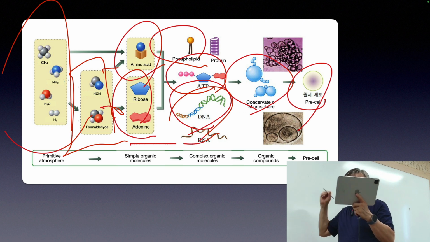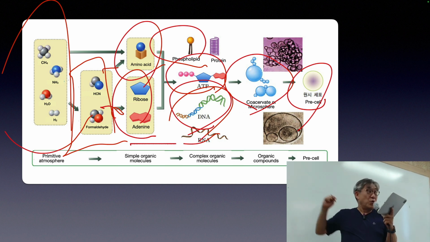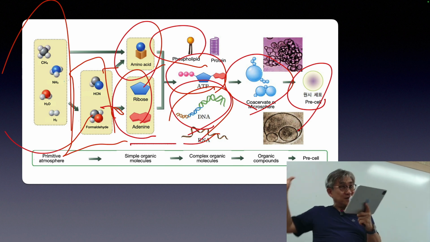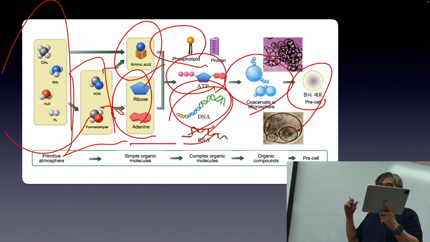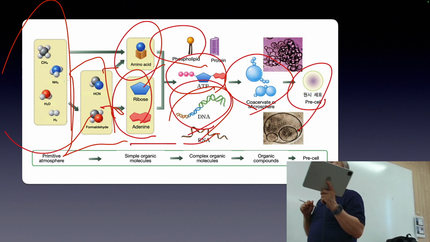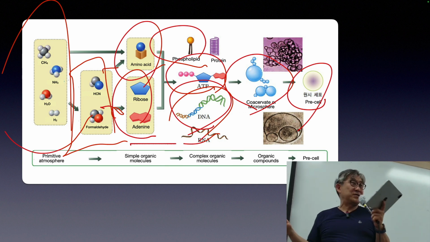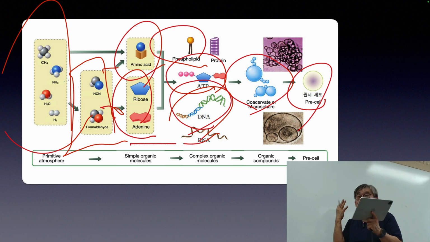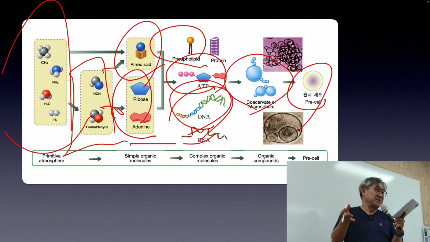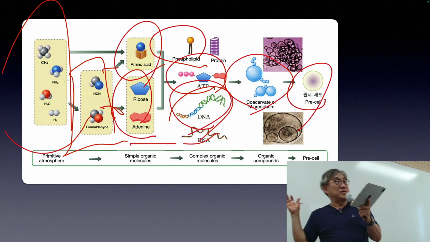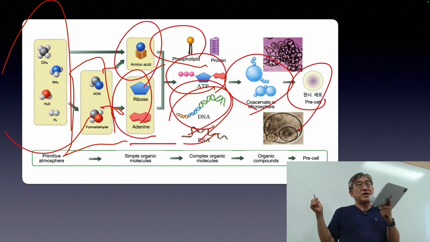Remember, this is totally speculation. No one was there. It's just speculation, logical thinking from the gathering of all this knowledge from chemistry, physics, and biology, and it is the version that you get to listen to in this classroom. So it can change. It can be wrong, of course. That's the beauty of science.